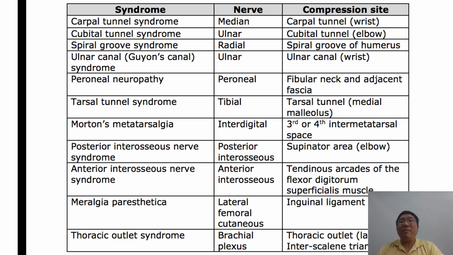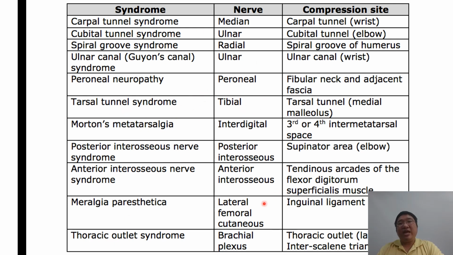There are also many other types of entrapment neuropathies. Carpal tunnel, the nerve is the median nerve. Cubital tunnel, the nerve is ulnar. Spiral groove syndrome, radial nerve. And ulnar canal, the ulnar nerve. Peroneal neuropathy, peroneal nerve. Tarsal tunnel syndrome, tibial nerve.